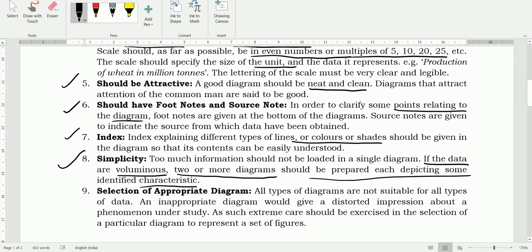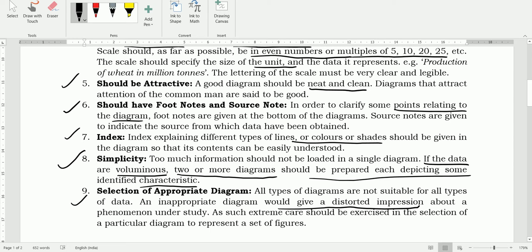Then we have selection of appropriate diagram. All types of diagrams are not suitable for all types of data. You cannot draw any type of diagram for any type of data. Inappropriate diagrams would give a distorted impression about a phenomenon under study.